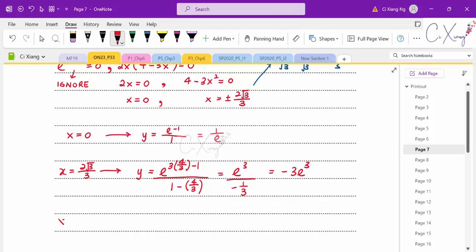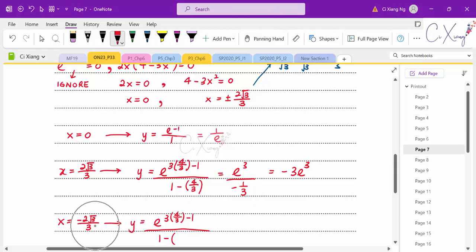Then for the last point, we substitute x equals negative 2 square root 3 over 3. The same thing happens here: e power 3x squared minus 1, divided by 1 minus x squared. What's the x squared here?